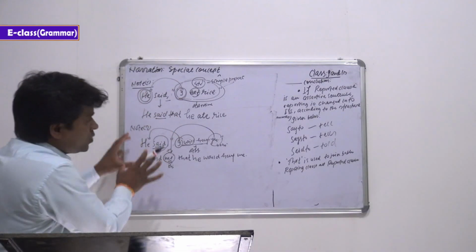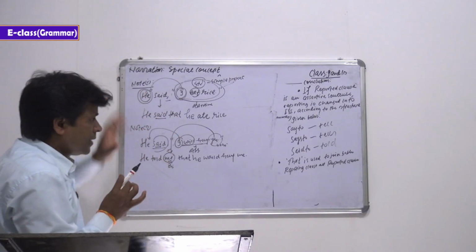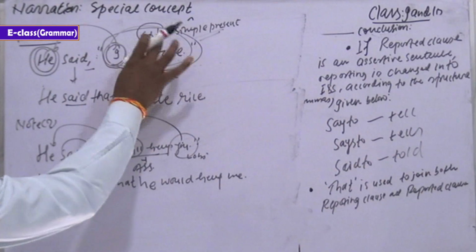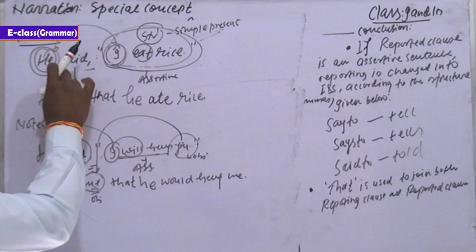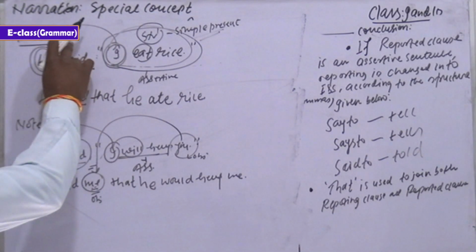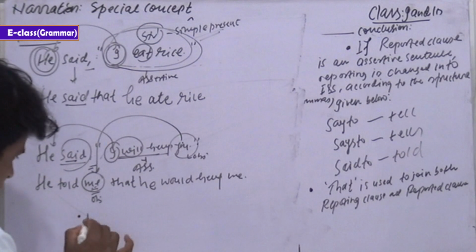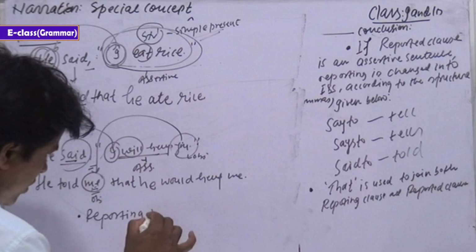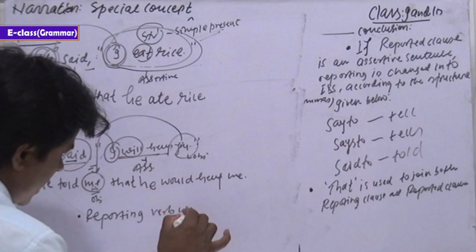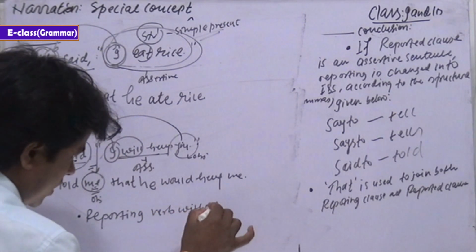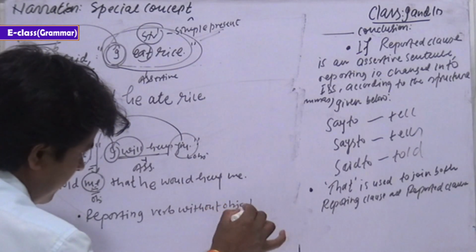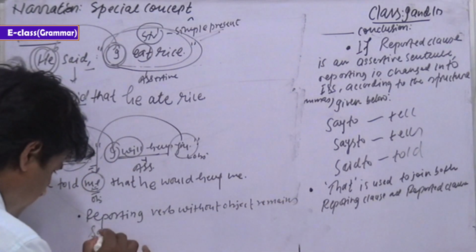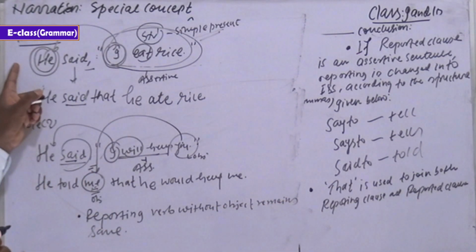So now what is the conclusion of these two examples? Write down please. If the reported clause is an assertive sentence but the reporting verb is without object, the reporting verb remains the same in this case.